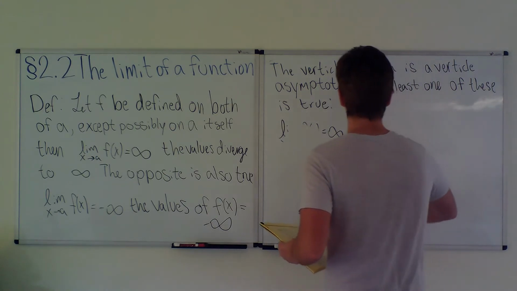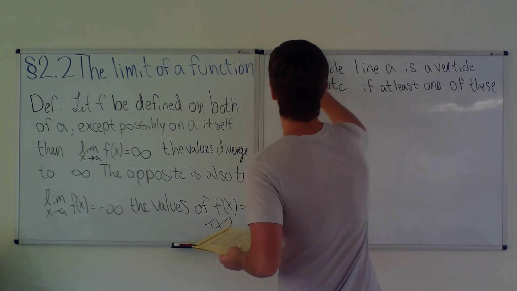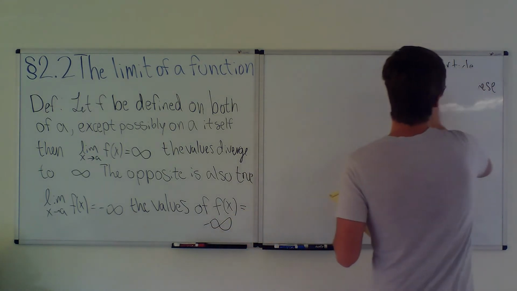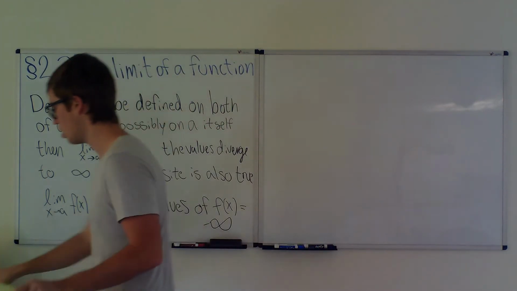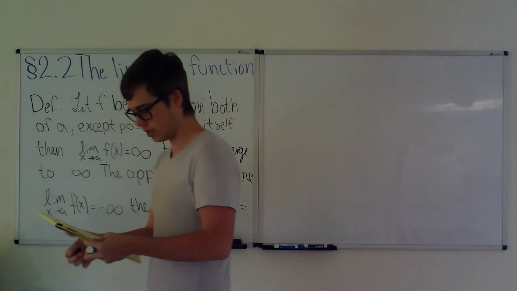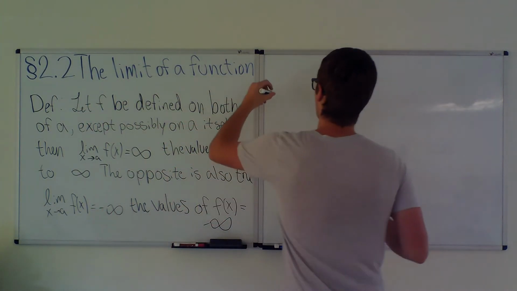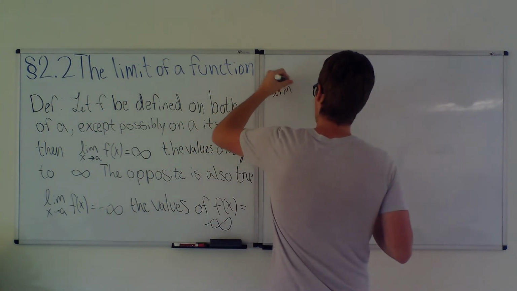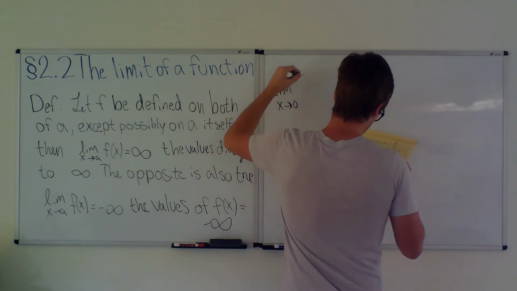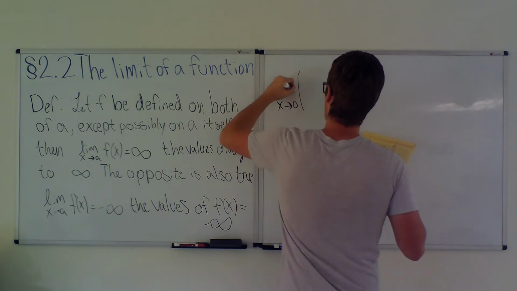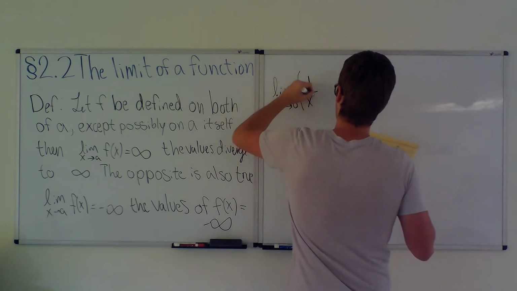So what would be an example? I showed one example of a positive limit that diverged to positive infinity, but let's see one that diverges to negative infinity. The limit as x approaches 0 of negative 1 over x squared.